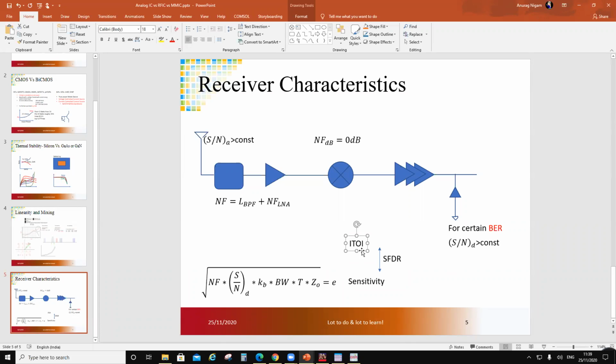Now the question is, what is ITOI going to be? Okay, so that starts from here, from ADC. What range of ADC do you want? From there you can compute what should be the ITOI. So that is going to be the highest power level, right?